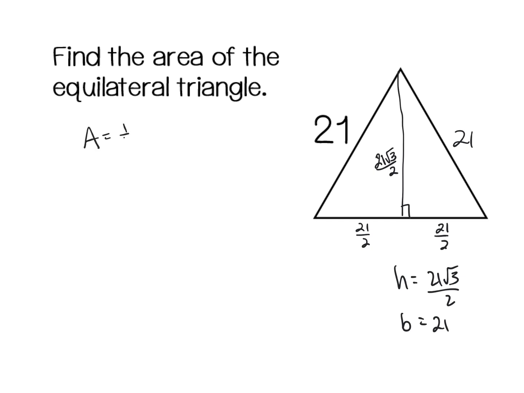So area equals 1/2 base times height. So we have 1/2. My entire base is 21. My height is 21 radical 3 over 2. If I want to simplify that, I'd have 1 times 21 times 21 times radical 3. So that would give me 441 radical 3.